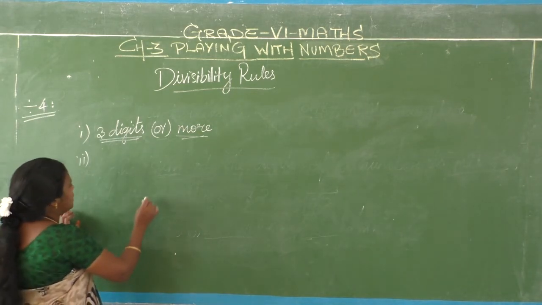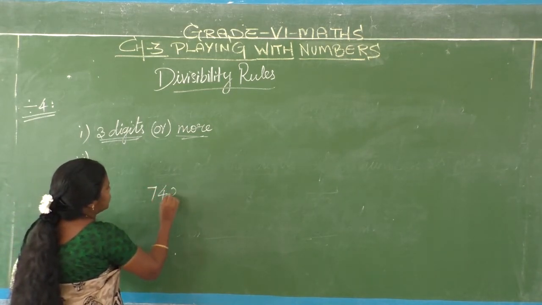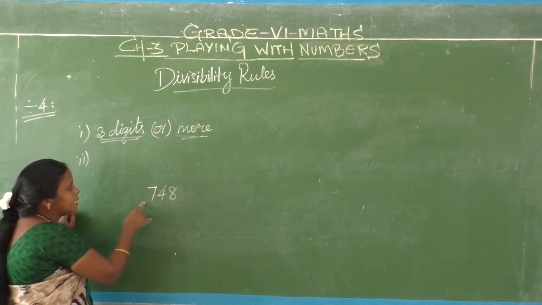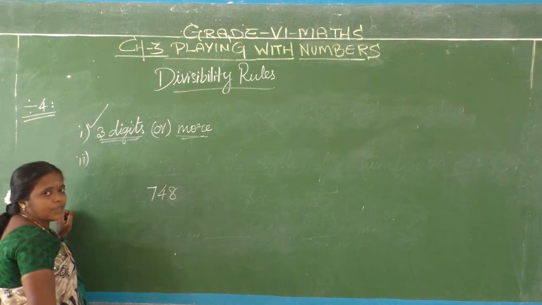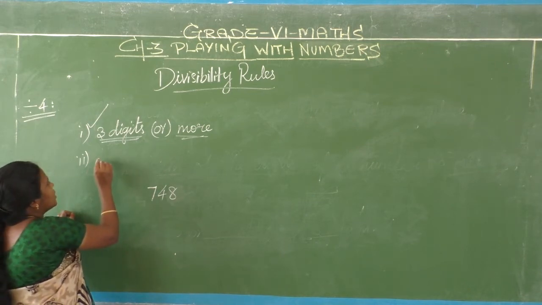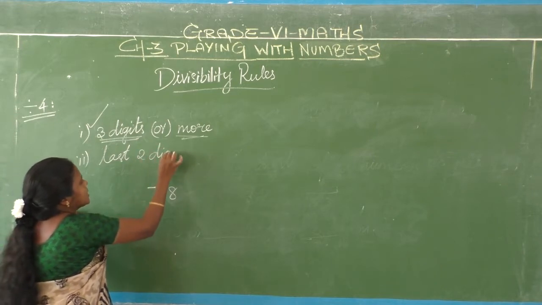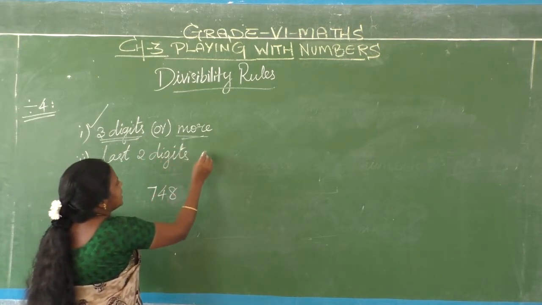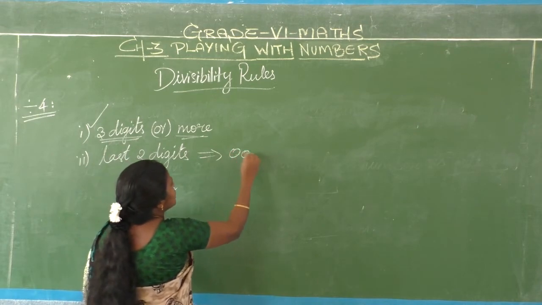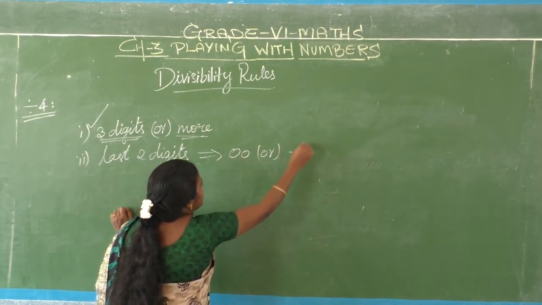Say for example, 748 I am taking. It is a 3 digit number, so the first condition is satisfied. The second condition says the last 2 digits are either 0, 0 or divisible by 4.